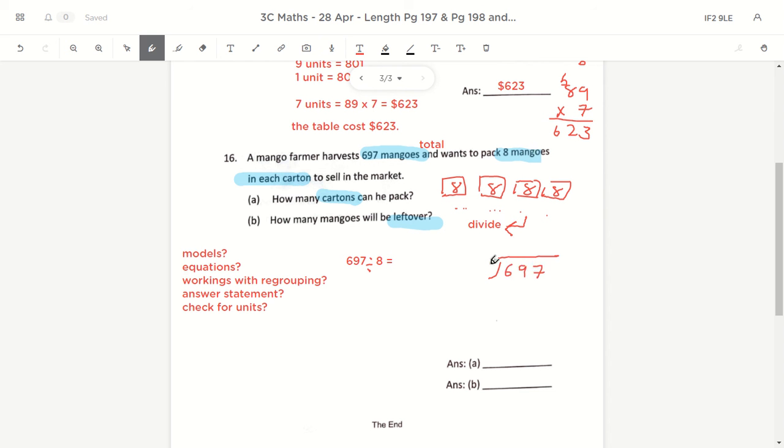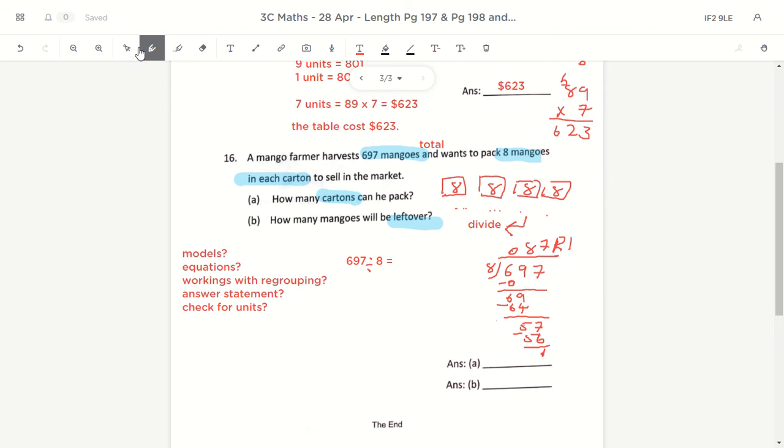697 divided by 8. 0 first, nothing. 69, 8 times 8, 64. 5, bring down the 7. 8 times 7, 56. And then you have a remainder 1. Please make sure you write the R1 on top also.